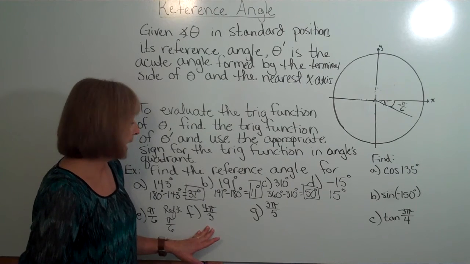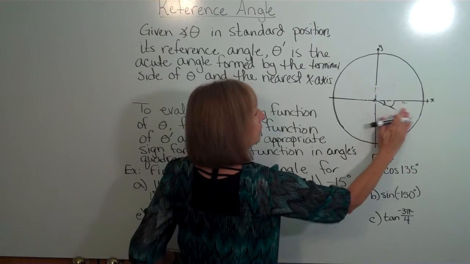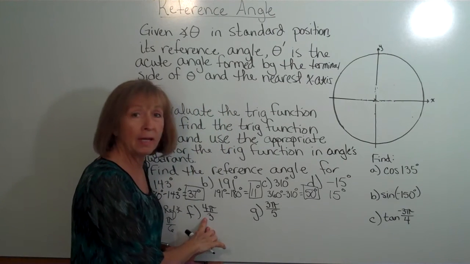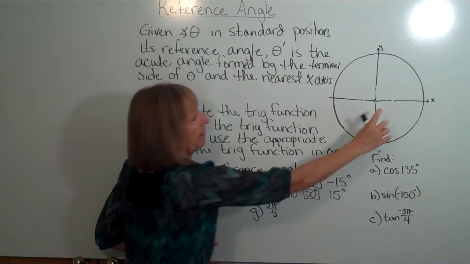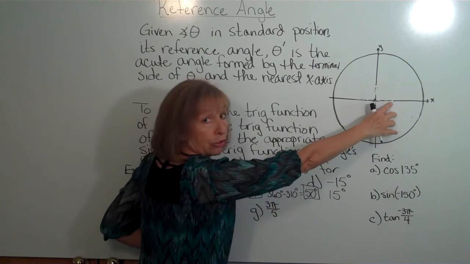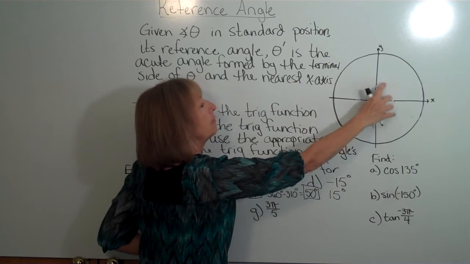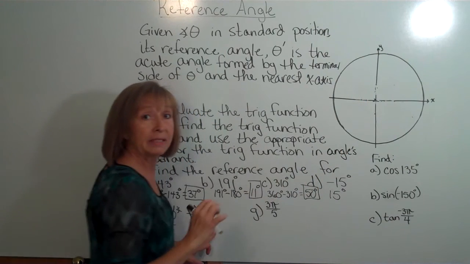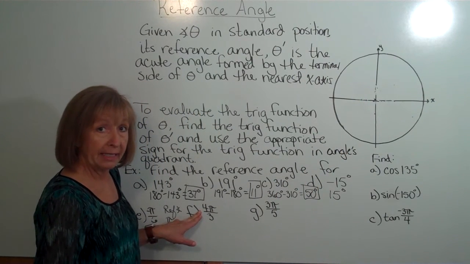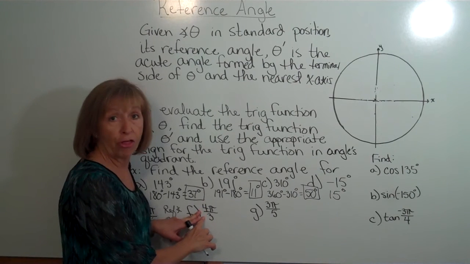How about for 4 pi over 3? Well, for 4 pi over 3, we want to remember that from 0 all the way around is 2 pi. From 0 to halfway around is pi. 4 pi over 3 is pi and 1/3 of a pi.